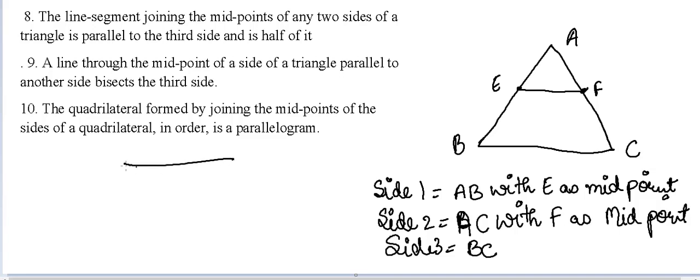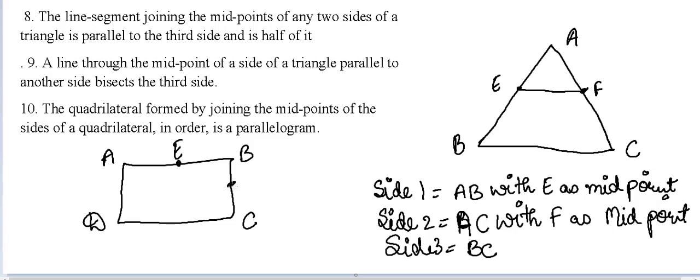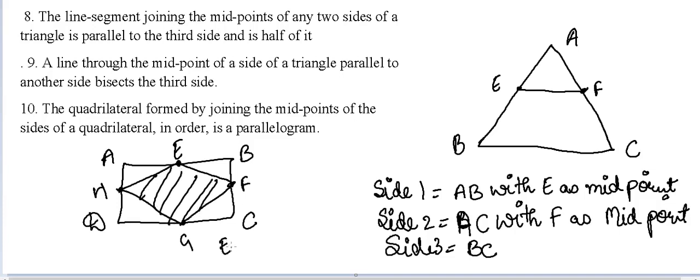If I had a quadrilateral A, B, C, D, alright, if I join the midpoints, let it be the midpoints E, F, G, H. If I join the midpoints like this, this, this and this, so this structure, right, that is E, F, G, H is a parallelogram.